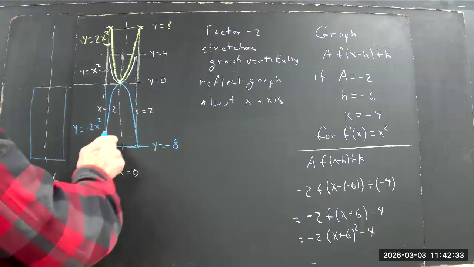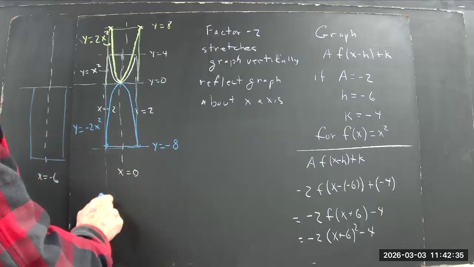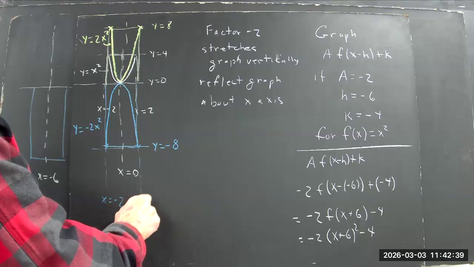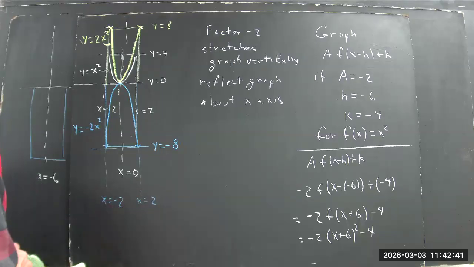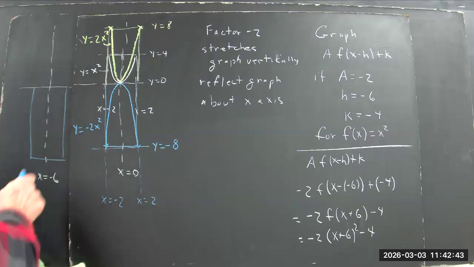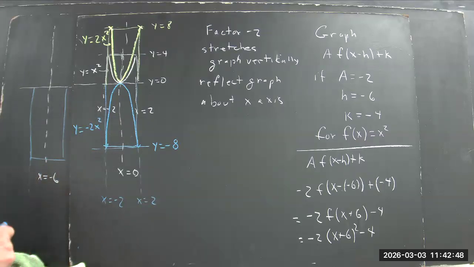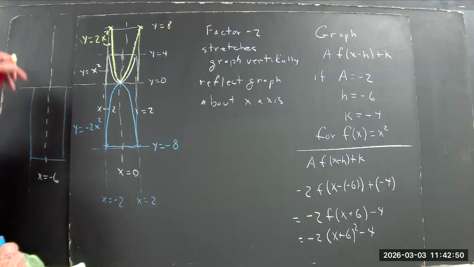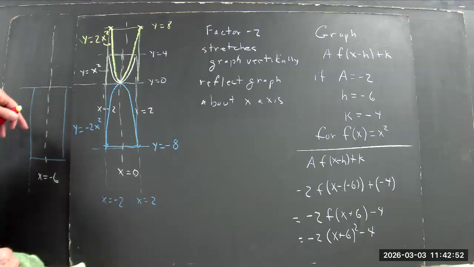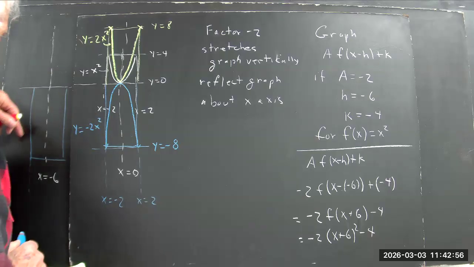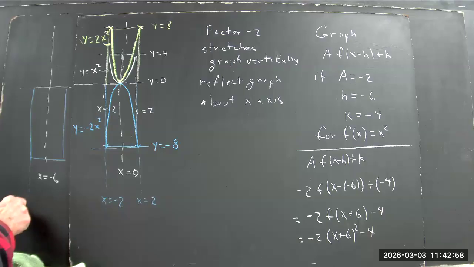And instead of this line being x equals -2 and this line being x equals 2, the left edge of my -2x² rectangle is going to be at x equals, well, we're moving everything 6 units to the left.